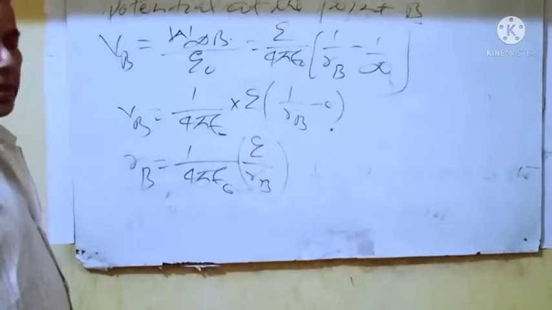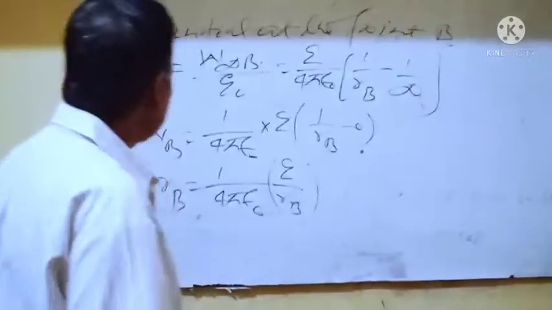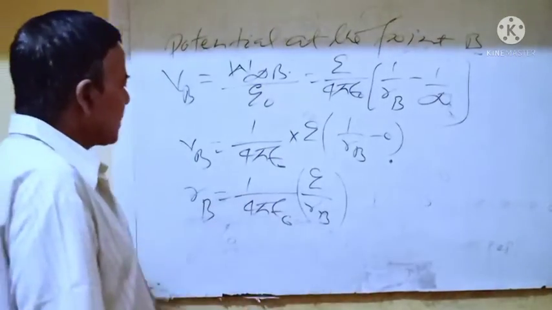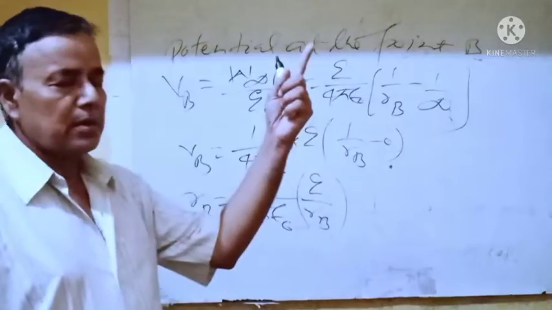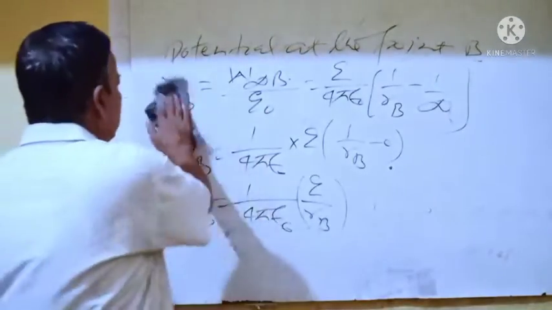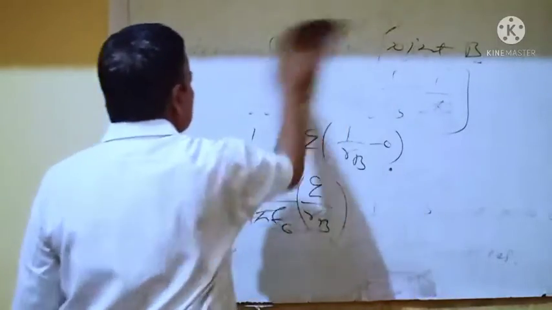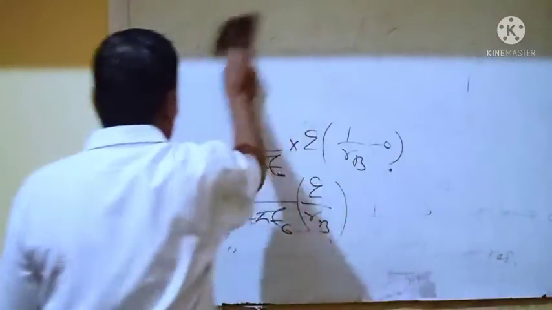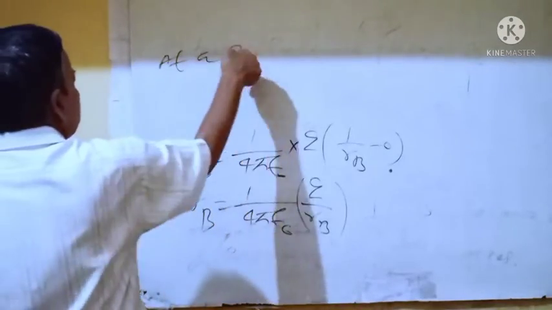If there is a general point, at any point, what is the expression of the potential? It is clear that when the distance is increasing, potential will decrease, and at infinite distance, potential will be equal to 0.